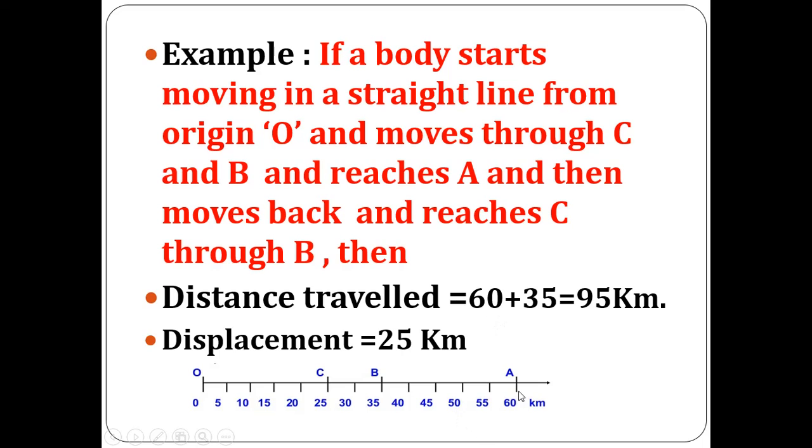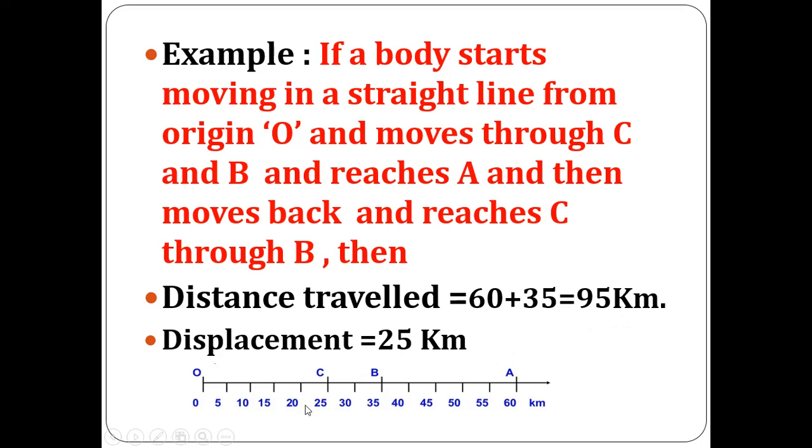Then from A it moves back to B, then from B to C. From 60 to 25, that is 35 kilometers. So total distance traveled is 60 plus 35. The distance traveled by the body is 95 kilometers.